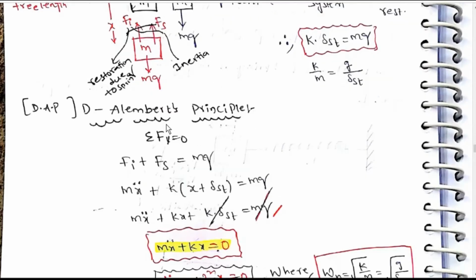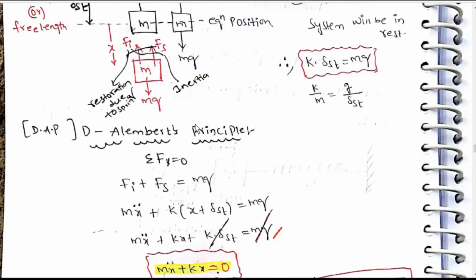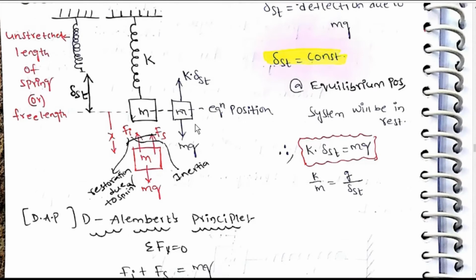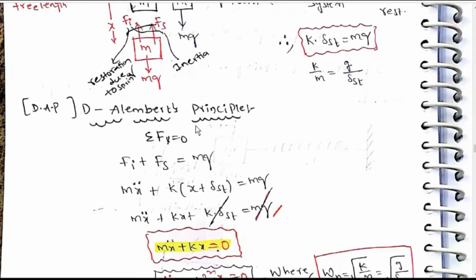D'Alembert's principle: sigma Fx is equal to 0, Fi plus Fs is equal to mg, so m x double dot plus k into x plus delta static is equal to mg. That gives m x double dot plus kx plus k delta static is equal to mg.